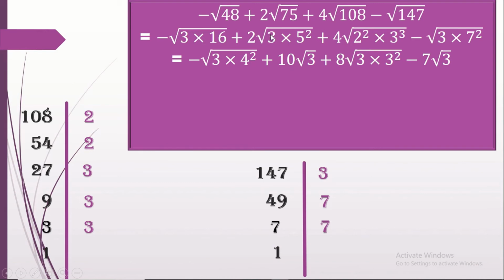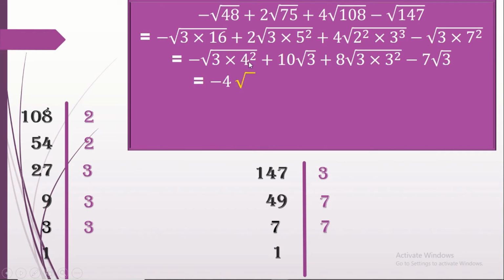Radical 3, 3 remains below the radical since it's not squared. Here also 2 squared, we get rid of it outside. 2 times 4 is 8. It's 8 radical; 3 cubed we can write as 3 times 3 squared. Also here 7 squared, we can write it outside the radical, so it's 7 radical 3.